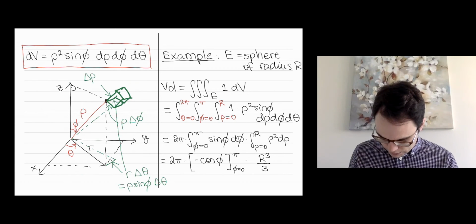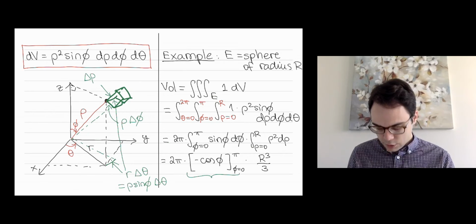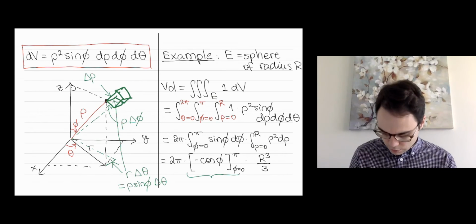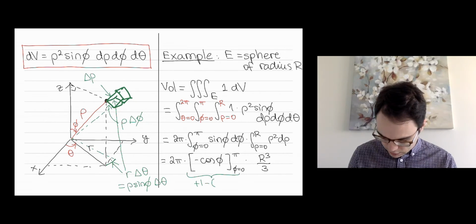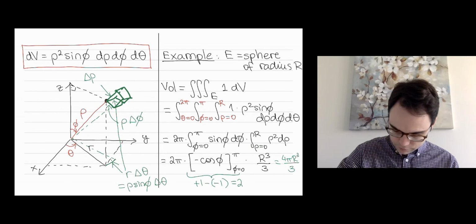Now, cosine of pi is minus 1, so minus minus 1 is plus 1, minus cosine of 0, that's 1, with the minus sign, so I get 2. So the final answer is 2 times 4 pi, and then divided by 3, so that's 4 pi times r cubed divided by 3.